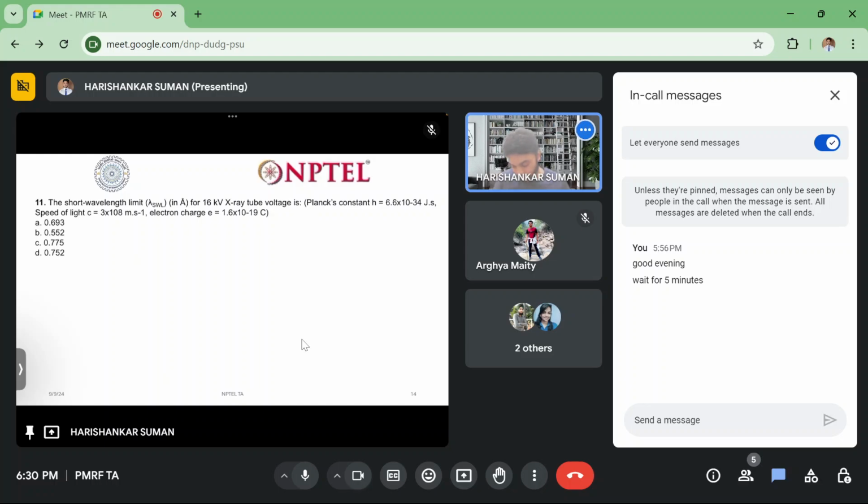Please calculate the short wavelength limit for the 16 kilovolt X-ray tube voltage. You can take 5 minutes, then I will discuss. Please try this question.